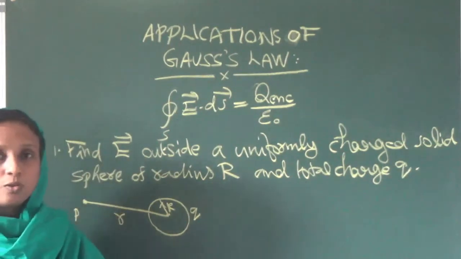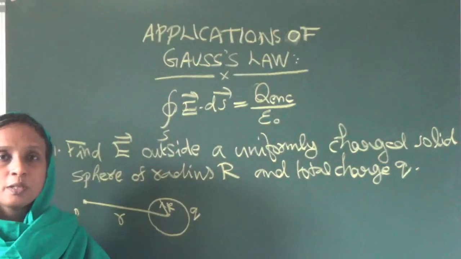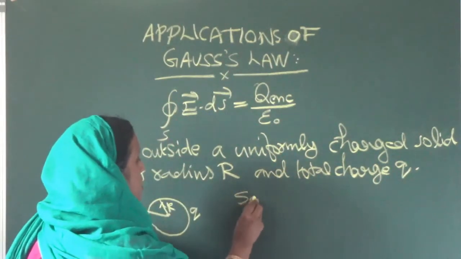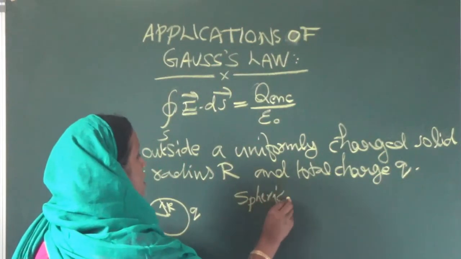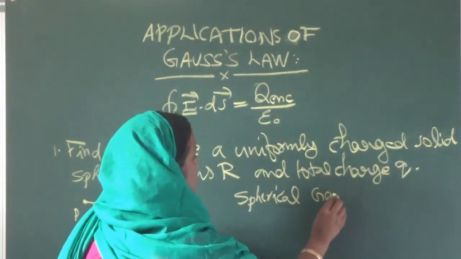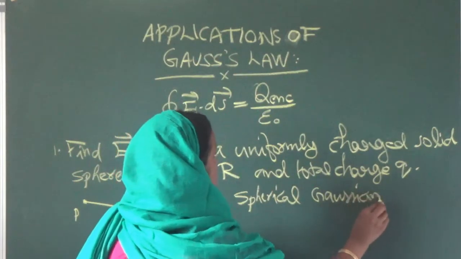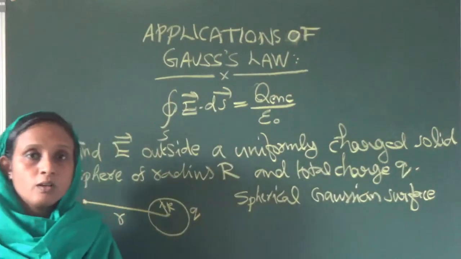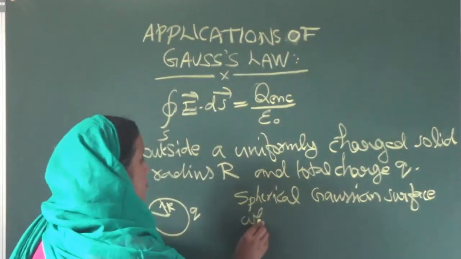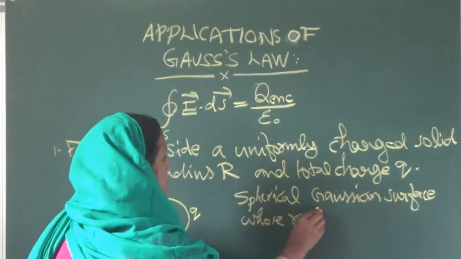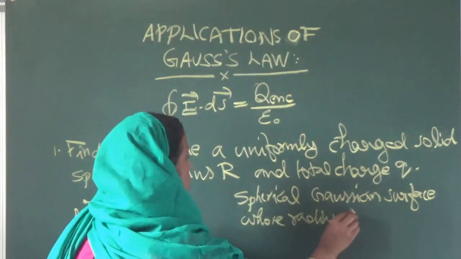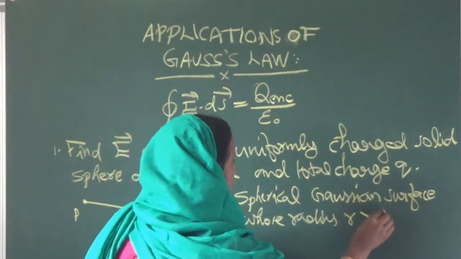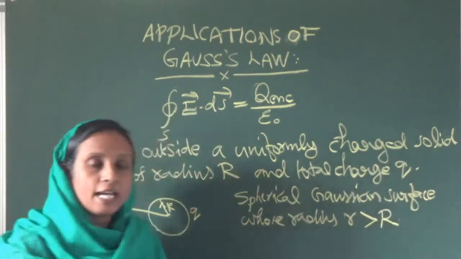So we assume a spherical Gaussian surface, whose radius, say small r, is greater than the radius of the solid sphere, capital R.